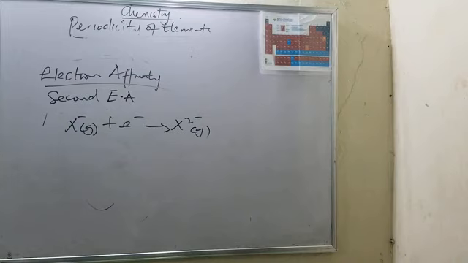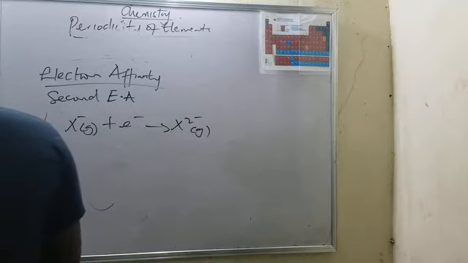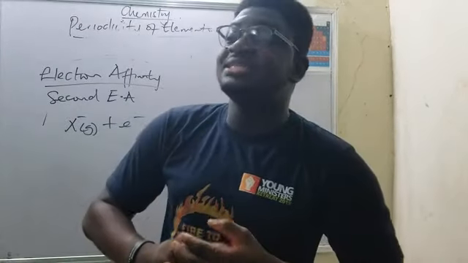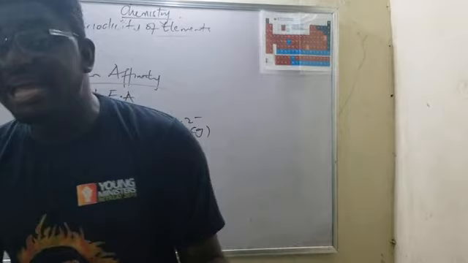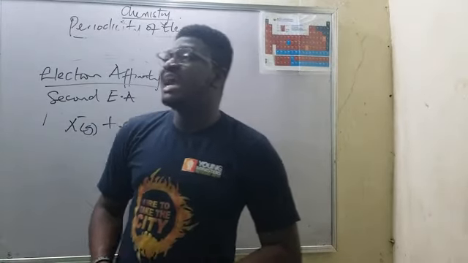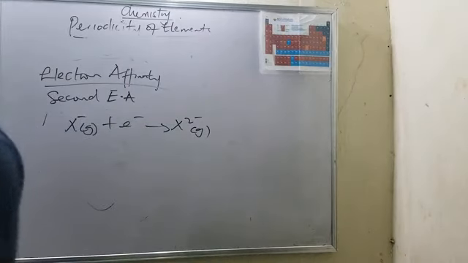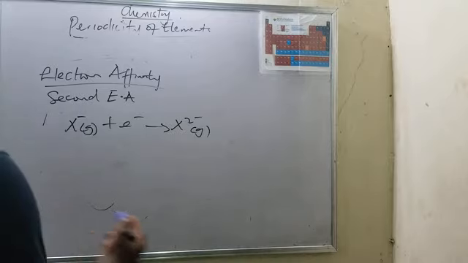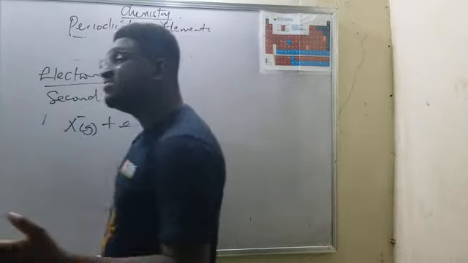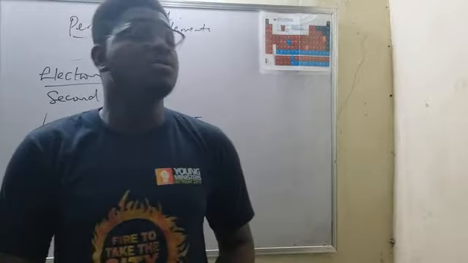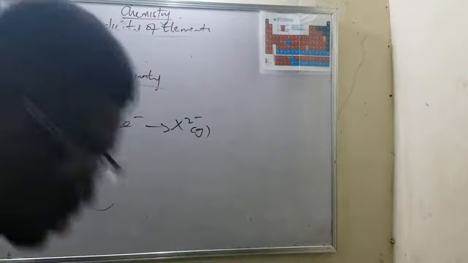The first one is known to have -142 kilojoules per mole, and the second one is known to have a higher value. In fact, it's known to have a positive value, plus 844 kilojoules per mole, and the overall reaction is about 700 kilojoules per mole. I would have written the equation, but time is not on our side.